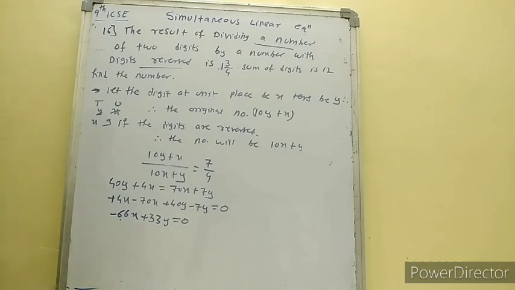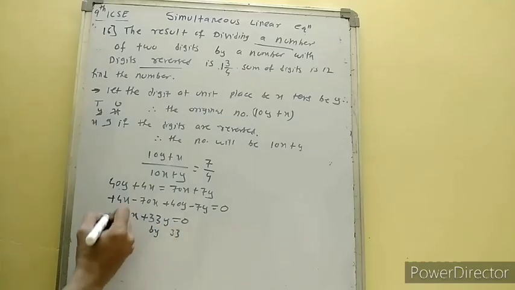Okay, so dividing by 33, 33 upon 66 is minus 2.